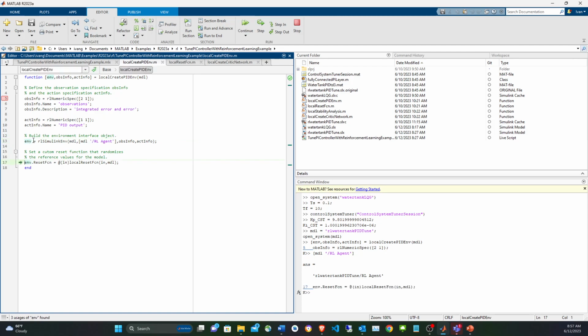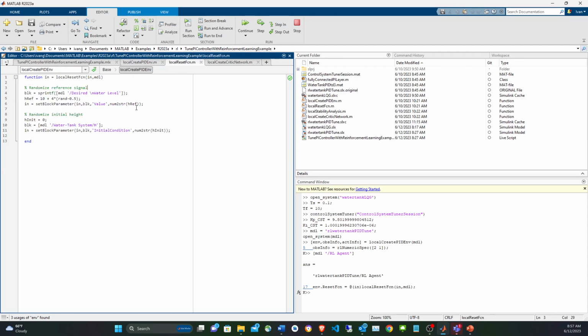The Reinforcement Learning Toolbox depends on MATLAB classes, so we have to create a MATLAB class. Even though we are using a Simulink model, this MATLAB class has to point to a Simulink model, and that's what we're doing here. We have to create a reset function that is going to reset the parameters in the Simulink model. In the case of the desired water level, we're going to randomize slightly around 10, and the initial height is going to be 0.